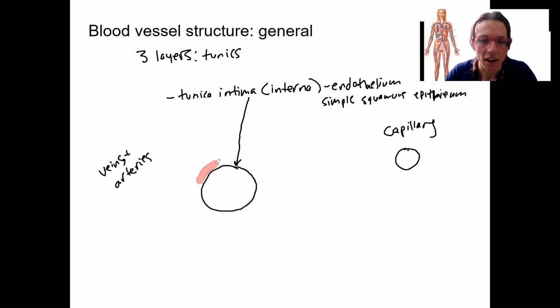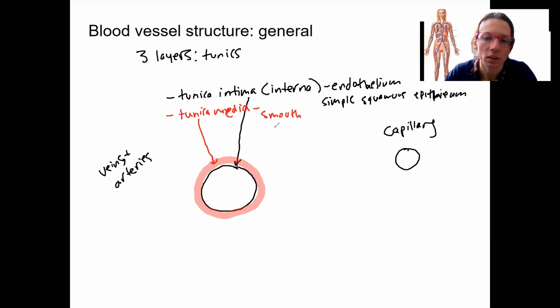This is the middle layer, the tunica media. This is present in arteries and veins, and this is made out of smooth muscle and sometimes elastic tissue is present as well.